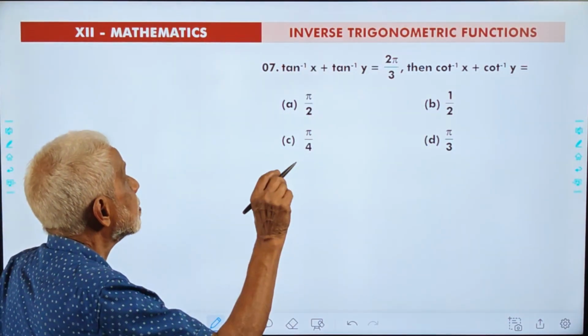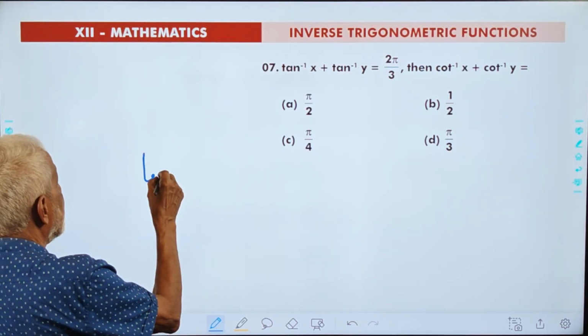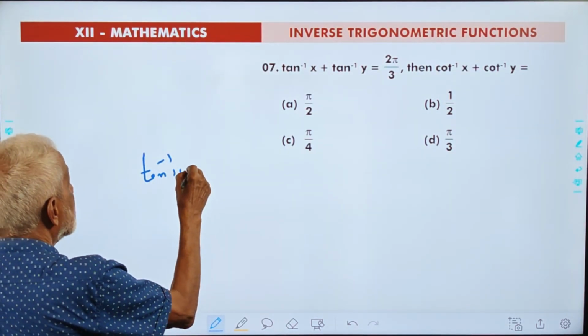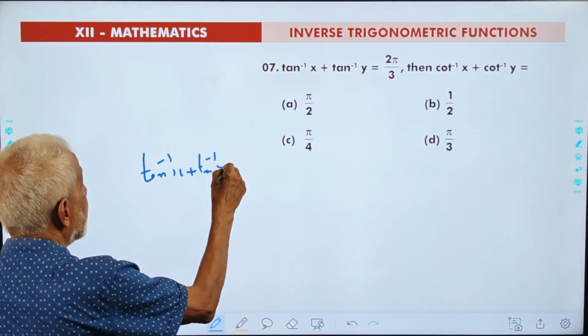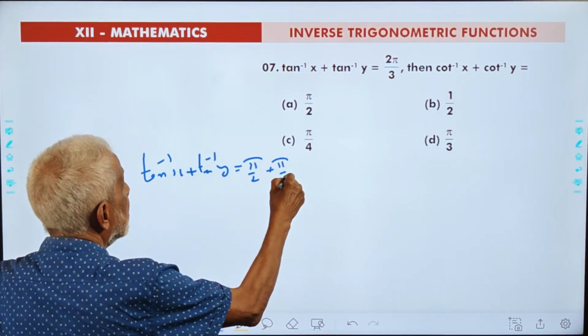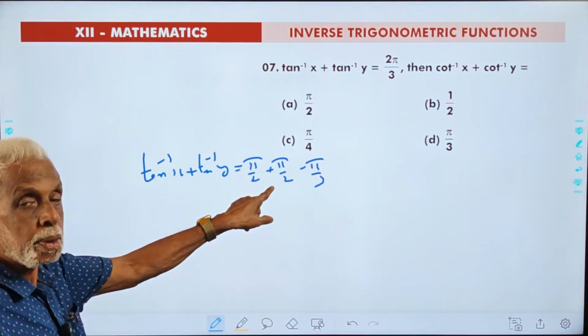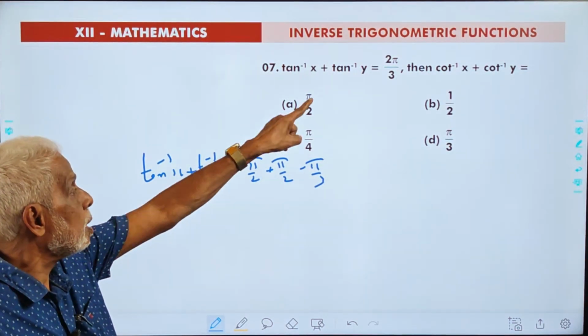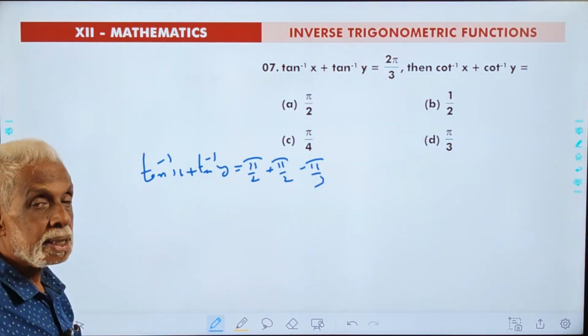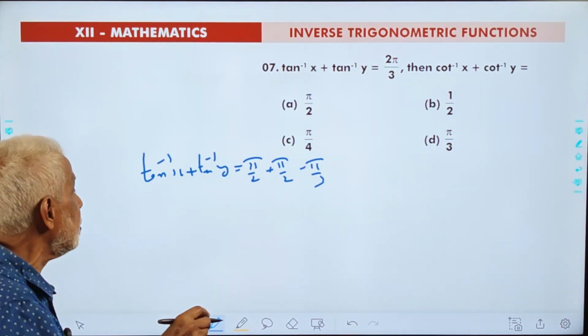Look, tan inverse x plus tan inverse y is equal to 2 pi by 3. Tan inverse x plus tan inverse y can be written as pi by 2 plus pi by 2 minus pi by 3. Pi by 2 plus pi by 2 is pi, minus pi by 3, 2 pi by 3. What we know, tan inverse x plus cot inverse x is equal to pi by 2.